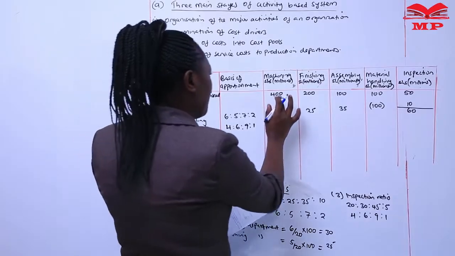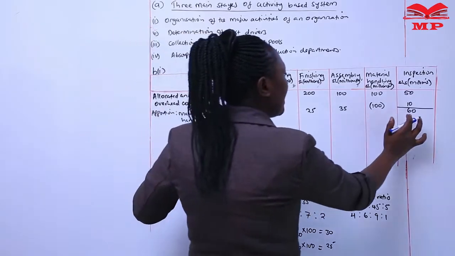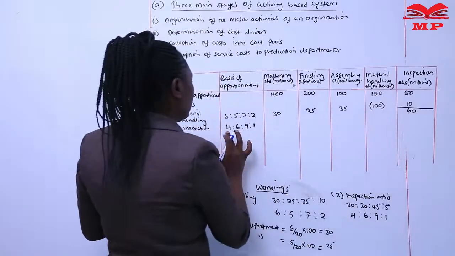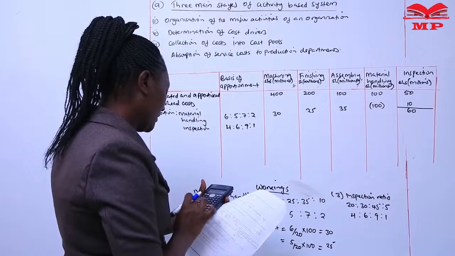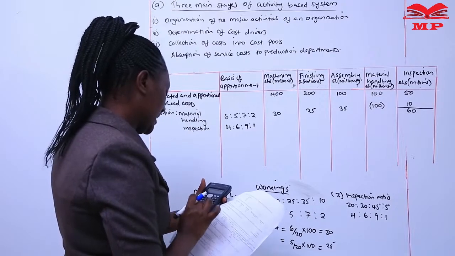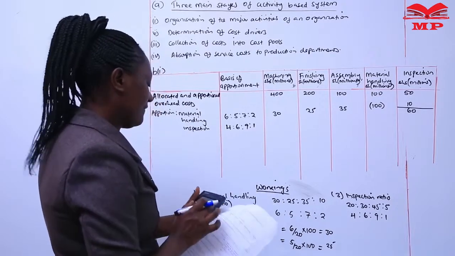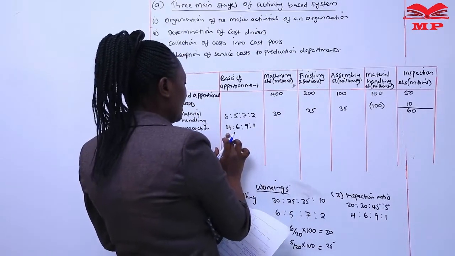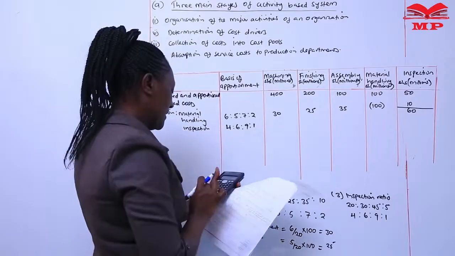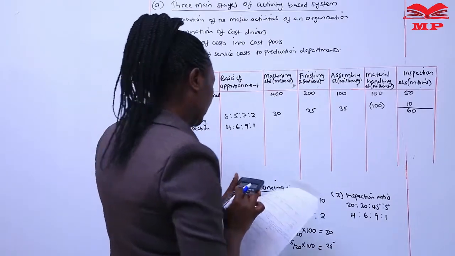And so to find for machining, remember the amount that we are apportioning is 60. We are taking 4 plus 6 plus 9 plus 1, which will give us 20. And to apportion for machining, we will take 4 divided by 20.